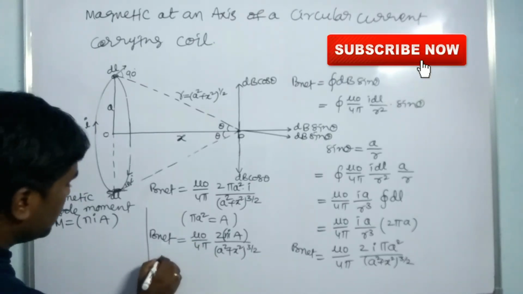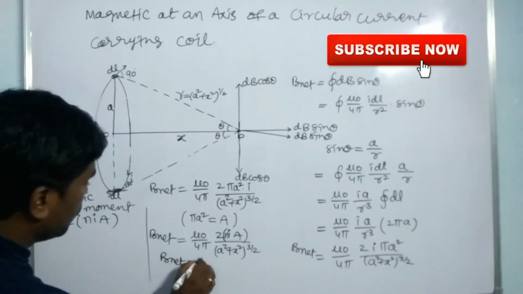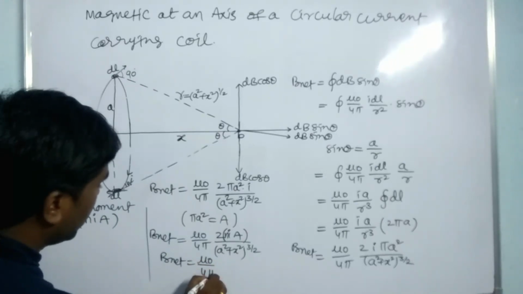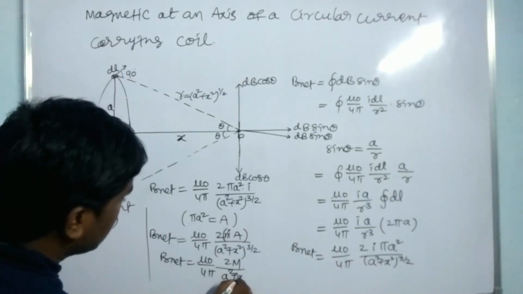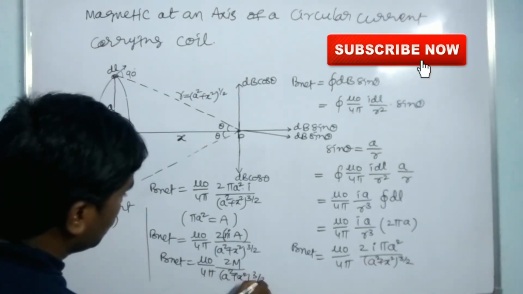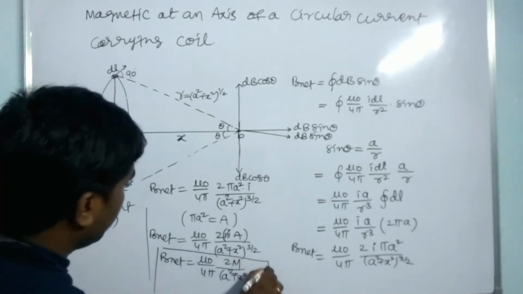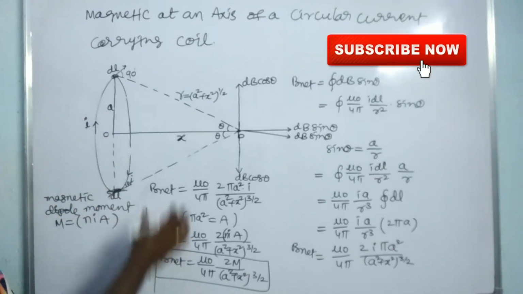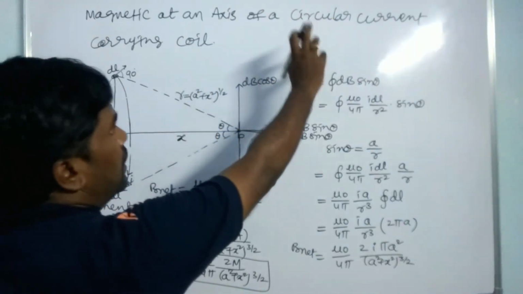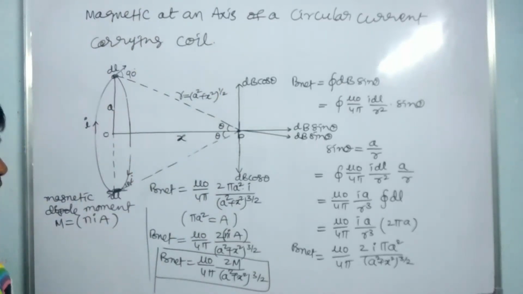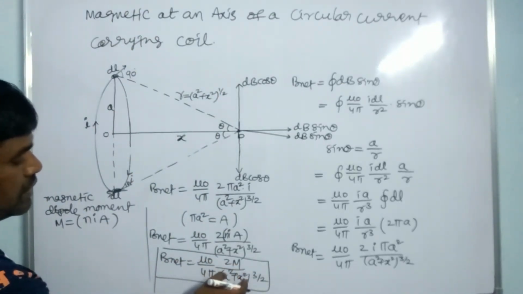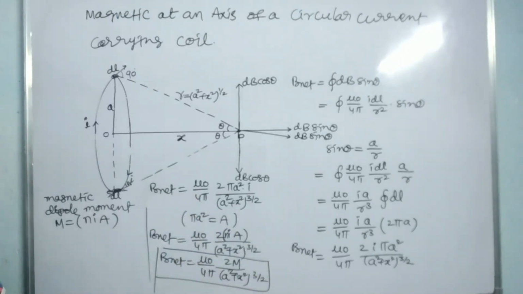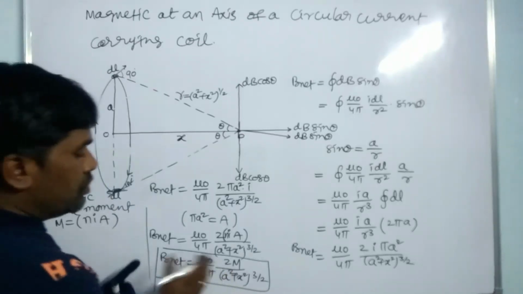So hence we can write that B net is equal to mu naught by 4 pi into 2M by a square plus x square whole power 3 by 2. So this is the net magnetic field at an axis of a circular current carrying coil. So this seems to look like the magnetic field of a magnetic dipole at an axial line.